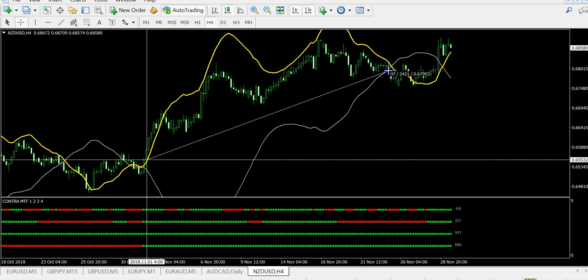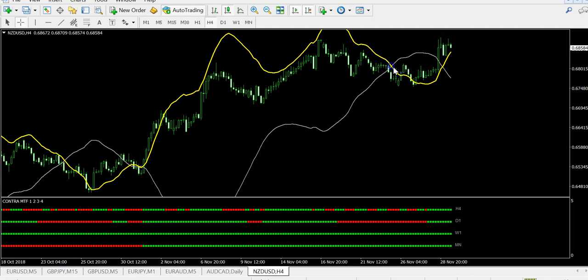So somewhere here, you can exit a trade. Or as I said, when you have 2 red in a row, somewhere here. Or when the yellow line goes back crossing down in the opposite direction. So this is how to use it.